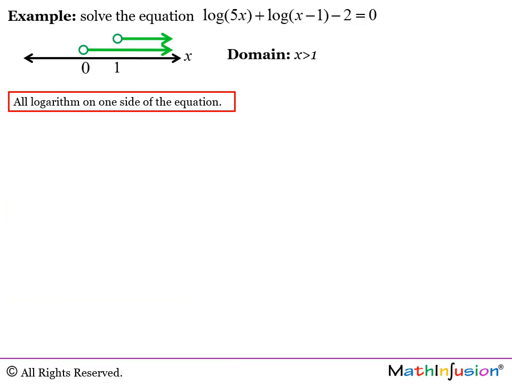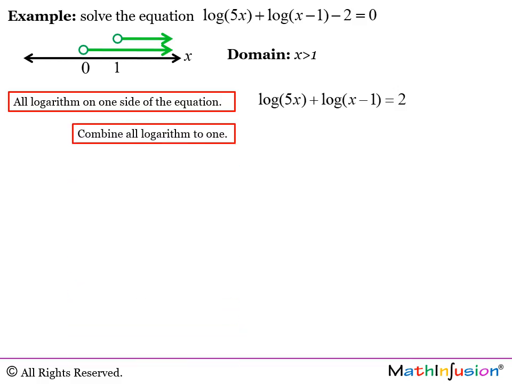Now we are going to make sure that in this equation, and in all logarithmic equations, we have all the logarithms on one side of the equation and all the numbers on the other side. And we get that. Now we are going to combine the logarithms. And we get that.